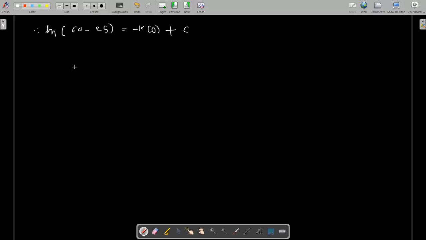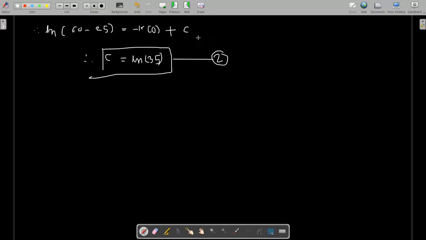So this term will be eliminated, and we have found the value of c. C is equal to ln 35. Say it is equation number 2. Now put the value of c in equation 1.